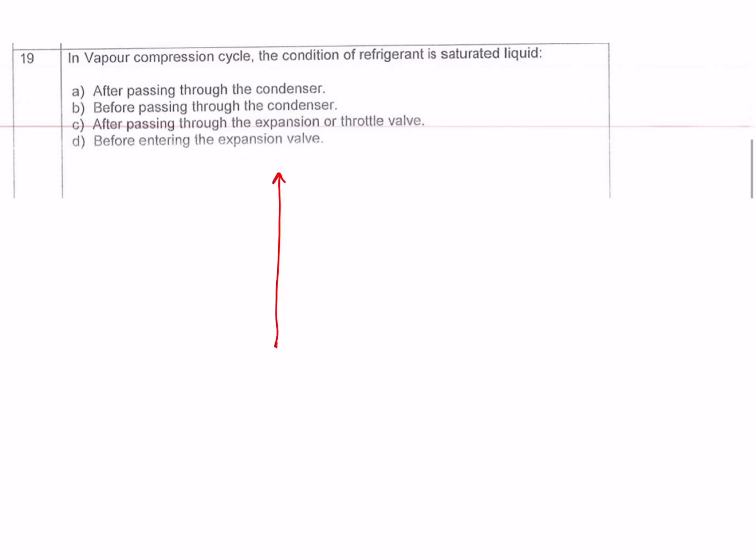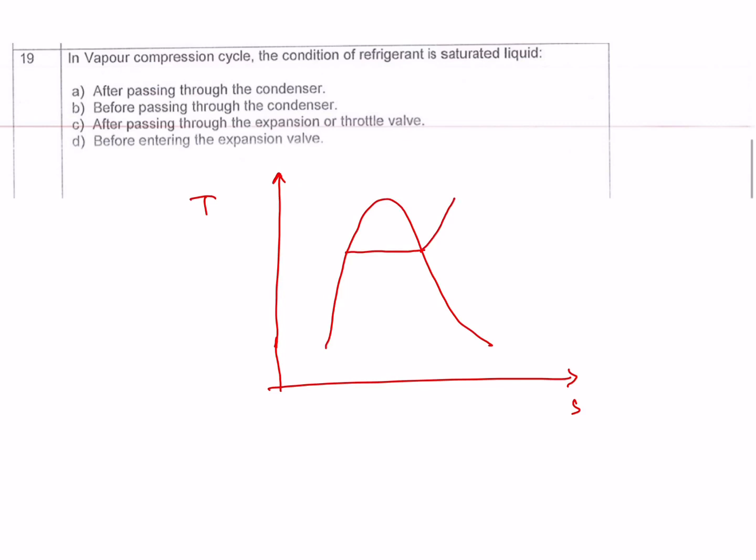In the vapor compression cycle, we will draw the TS diagram. 1 to 2 compression, 2 to 3 condensation, then 3 to 4 expansion, 4 to 1 evaporator, heat addition, and 2 to 3 heat rejection. Heat addition 4 to 1.